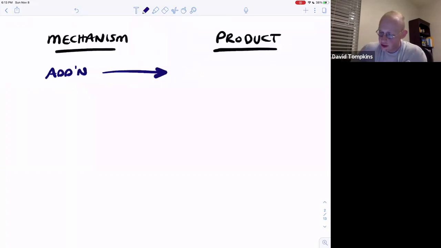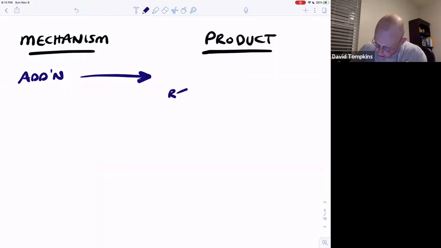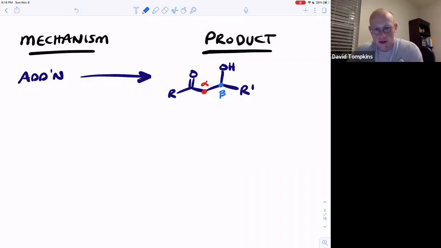And after addition, the product of the aldol is always going to be this characteristic functional group, where we have one carbonyl that has an alpha carbon, and that is bound to what was another carbonyl, but is now the beta carbon. This is a beta-hydroxycarbonyl.